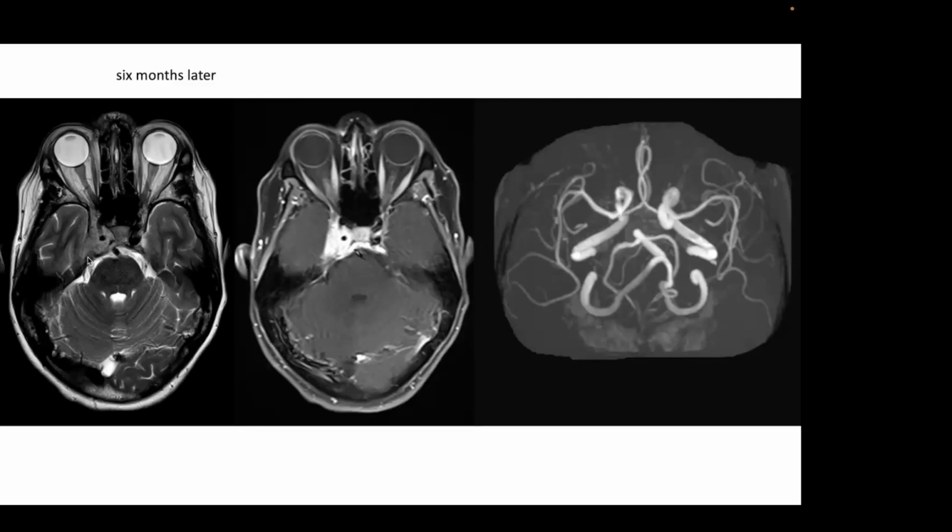Any other thoughts? Any other neoplasms that will look dark in the cavernous sinus? There's one other tumor that often is low signal intensity on T2. You see it in the brain. When you see it in the brain, it's typically dark.